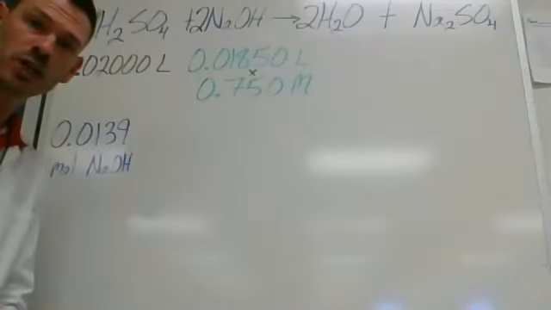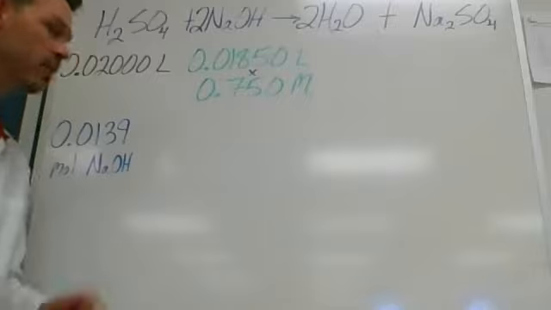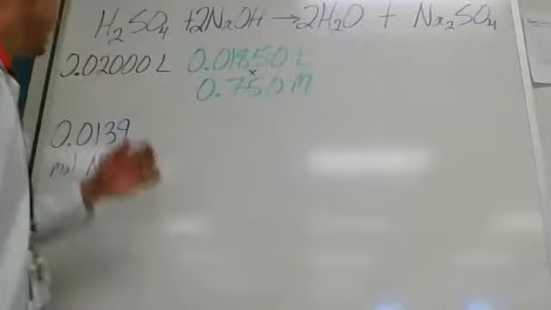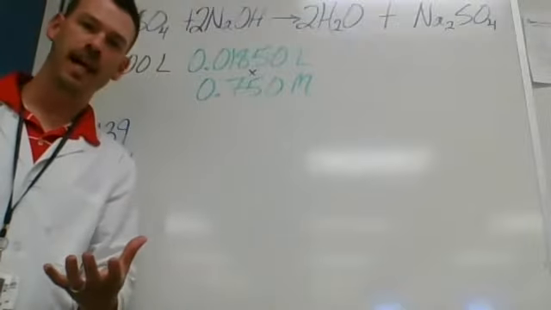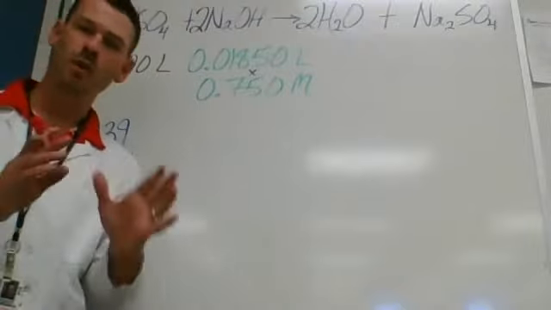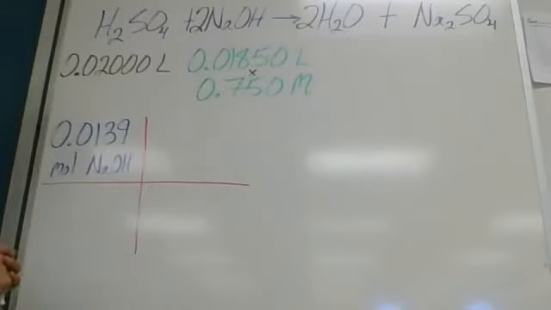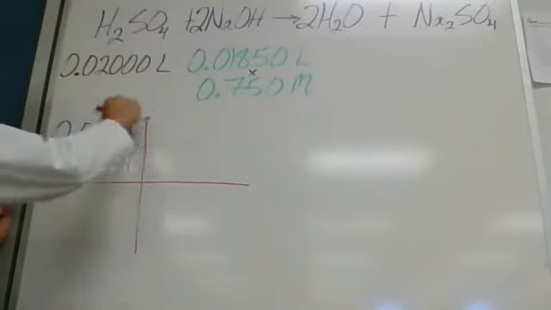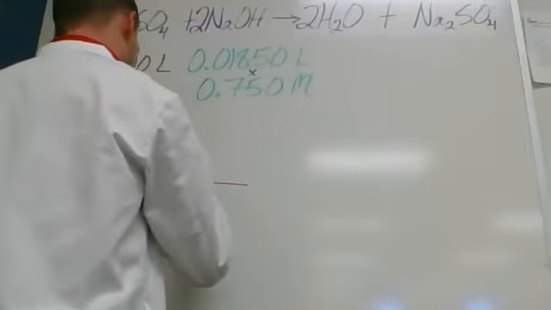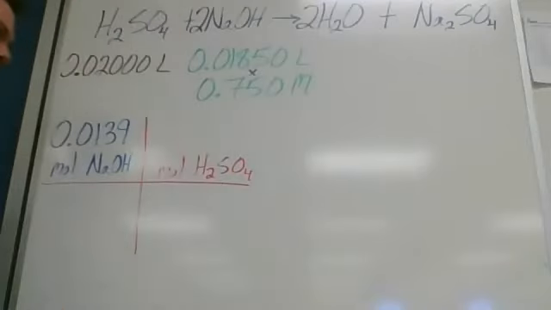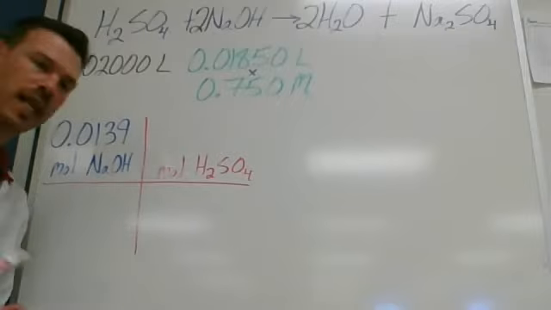Step 2 in my titration states that I then need to go from moles of known to moles of unknown. In this case, we're trying to figure out sulfuric acid. So let's do a 1-step moles to moles stoichiometric conversion. Moles of known to moles of unknown. Make the diagonals match letters.